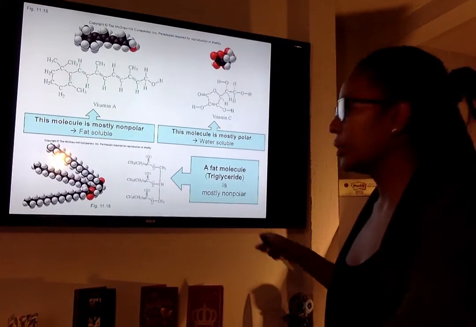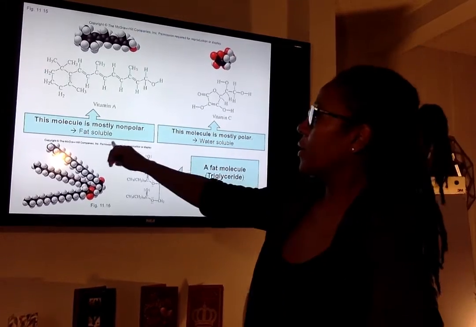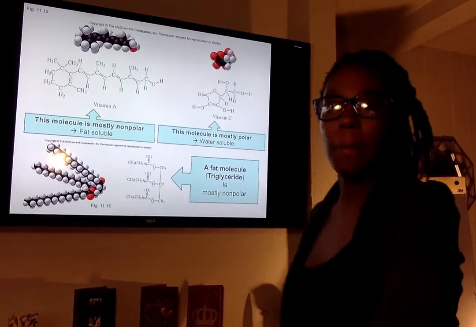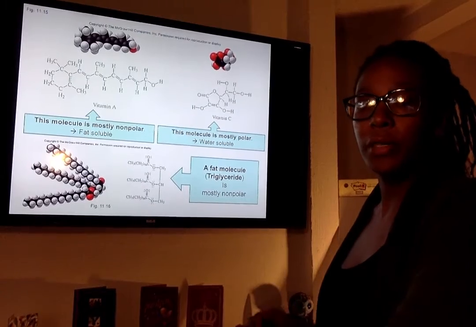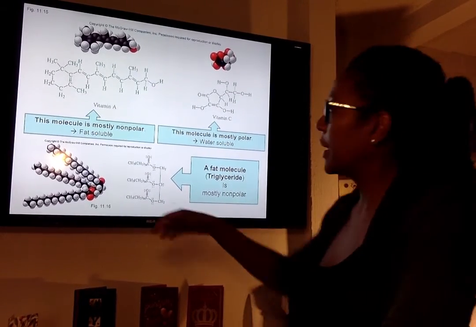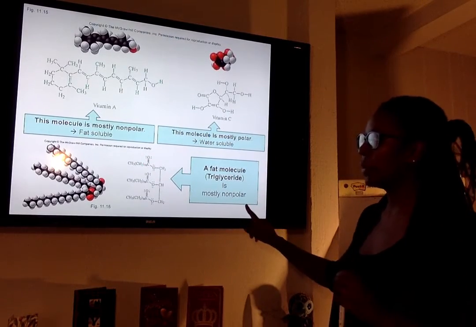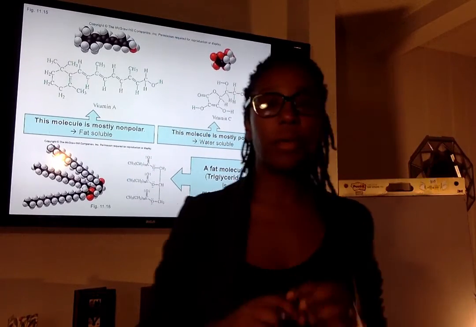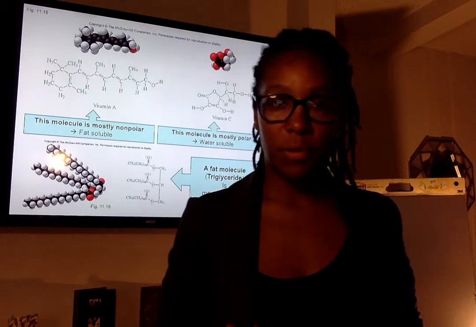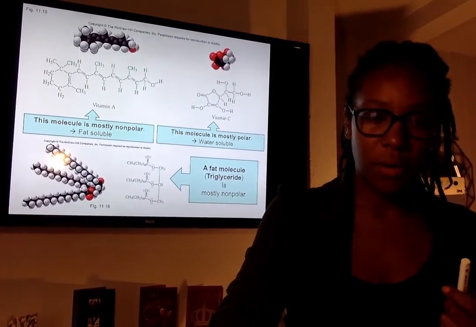Would it be water soluble or fat soluble? Water is polar and this fat is nonpolar. So if our molecule is mostly nonpolar, it's going to be fat soluble, and it would be insoluble in water. Hopefully that makes sense.